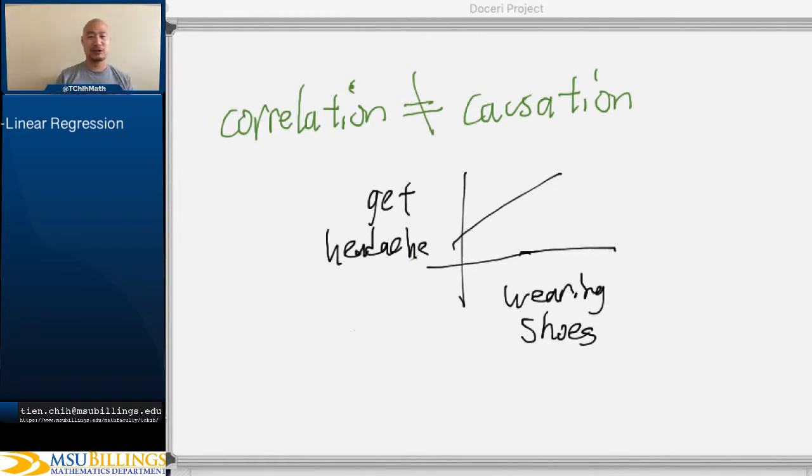It turns out that if you're totally sober and you just wear shoes when you go to bed, that doesn't really affect the chances that you get a headache. Nor would having a headache for some other reason make it more likely that you wore shoes. They're both driven by an underlying phenomenon, being drunk.